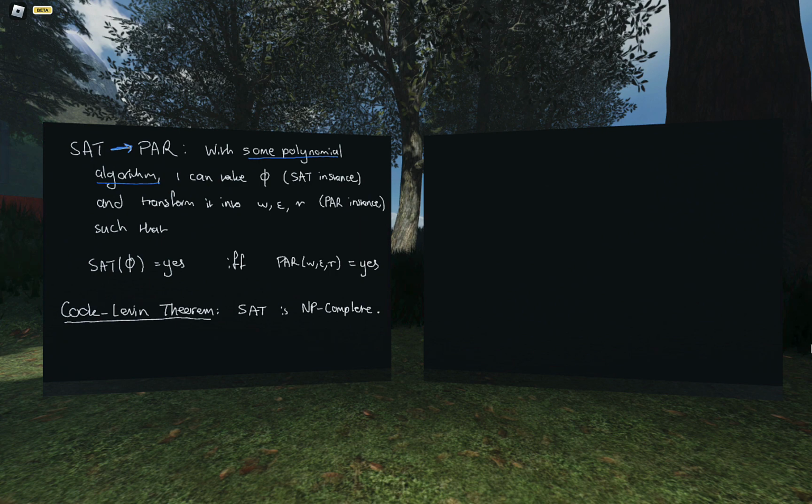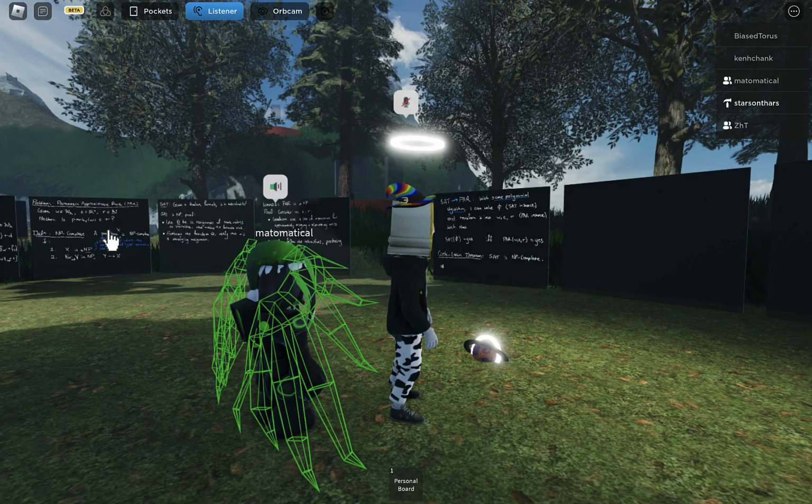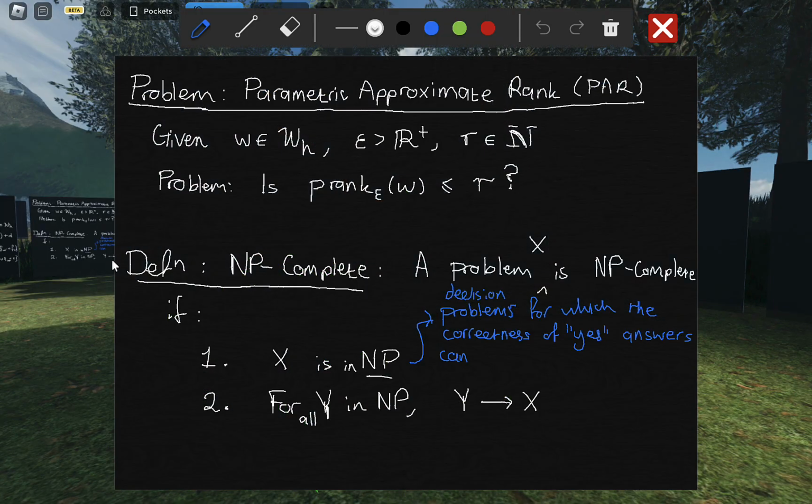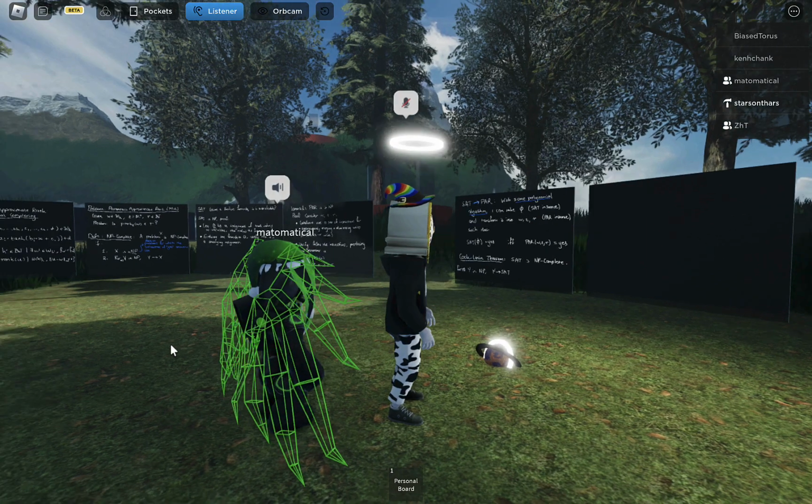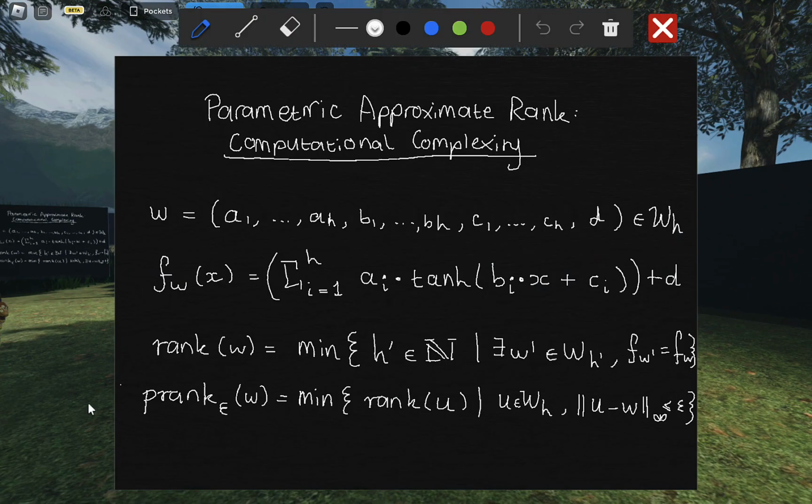And so if we know that SAT is NP complete, what that means is that for all problems in NP, that problem reduces to SAT. This does a lot of the work for us because now all we need to do is show that SAT reduces to PAR, like in the example above.